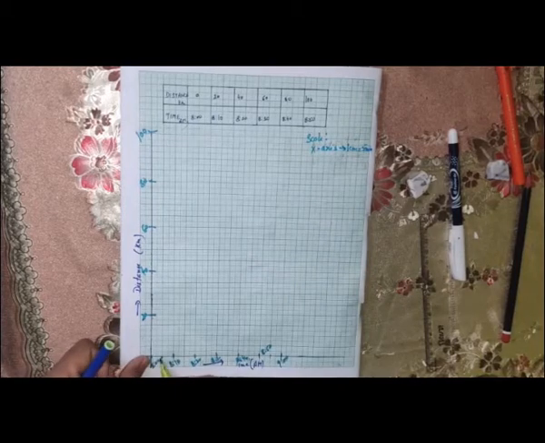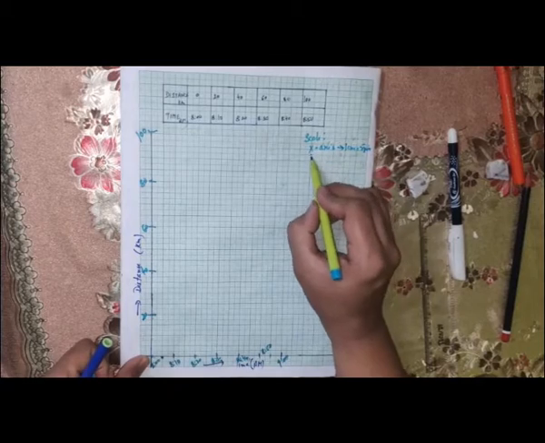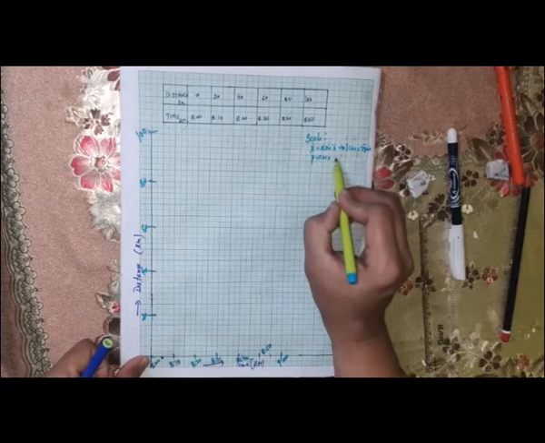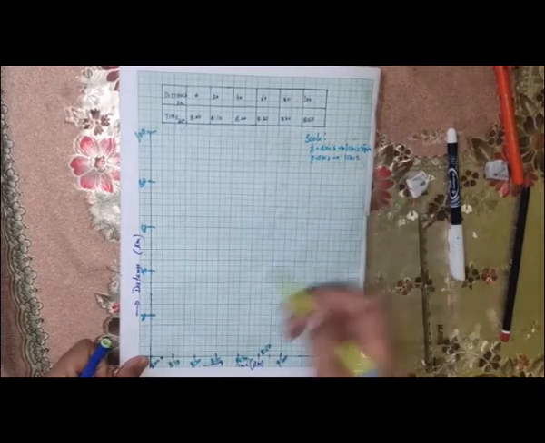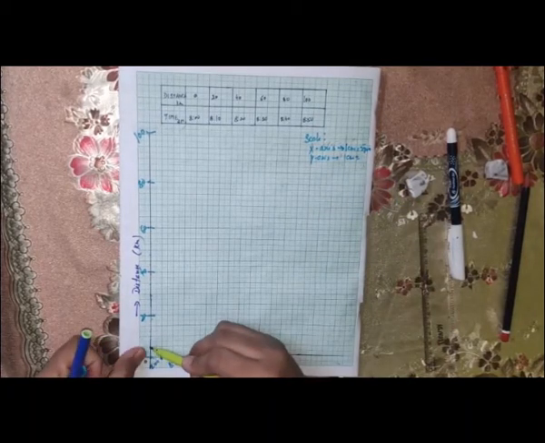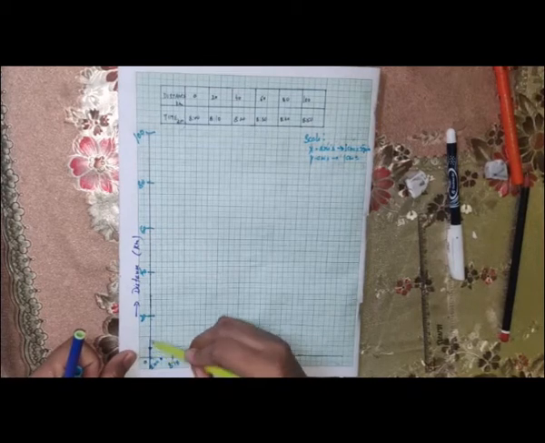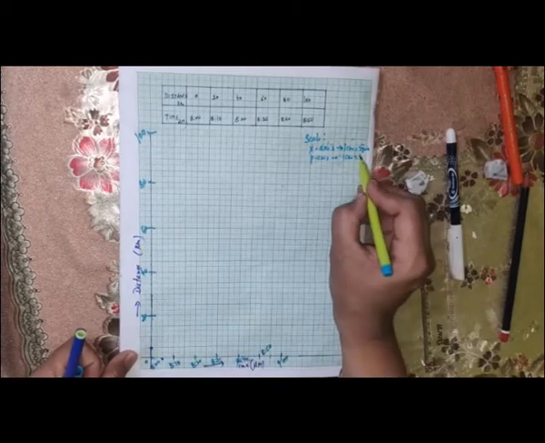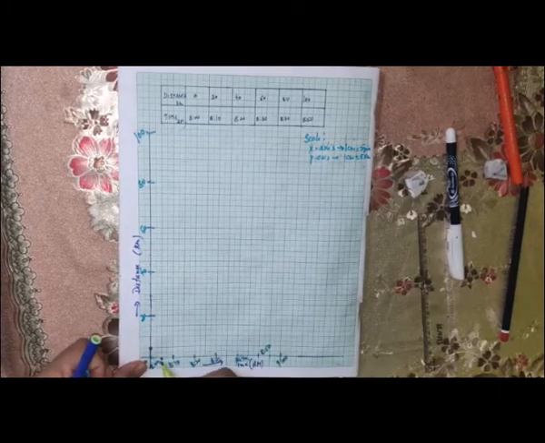If this is 8, this is 8:05. So 1 centimeter is 5 minutes. Similarly, on the y-axis, 1 centimeter is how much? 5, 10, 15, 20. So this is 5 kilometers. 1 centimeter is 5 kilometers, 1 centimeter is 5 minutes.